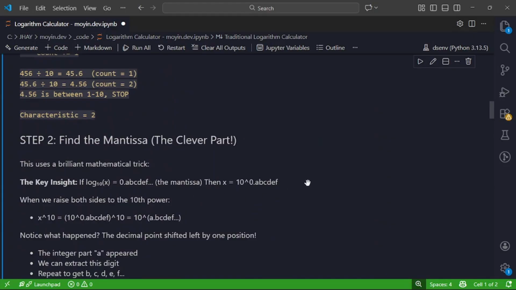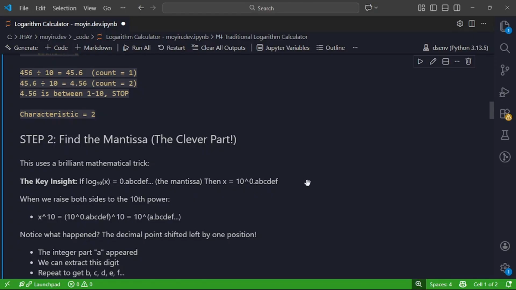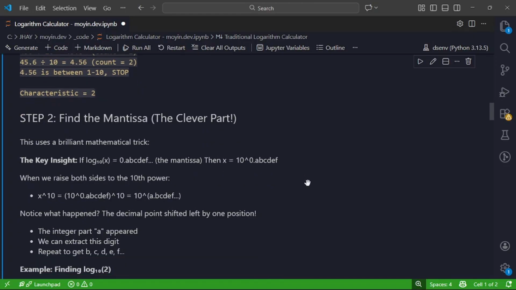This is just to make sure we understand this line. If log10 of x is equal to 0.abcdef, then x is equal to 10 raised to the power of 0.abcdef. So when we raise both sides to the power of 10, we get x raised to the power of 10, and 10 raised to the power of 0.abcdef in brackets, raised to the power of 10.